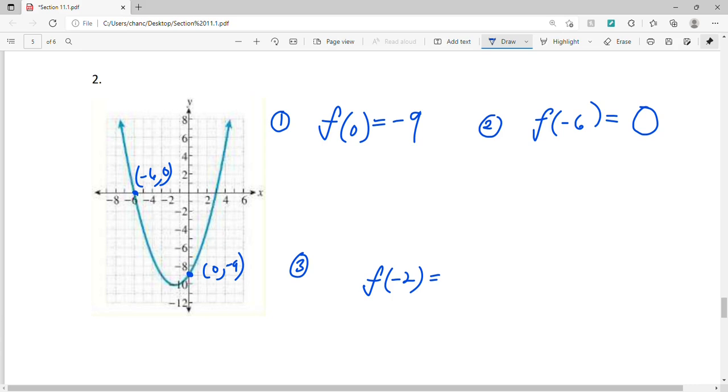Well, we'll look at the x coordinate. I want to figure out where it touches the graph. And this is the point -2, -10. And so I can say f of -2 is equal to -10. Again, this is my x, or my input, and this is my y, or the output.